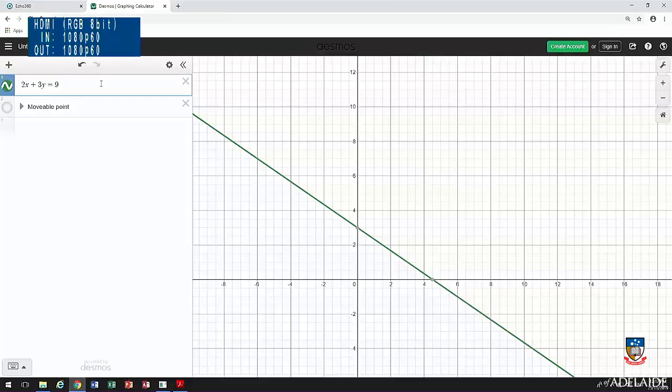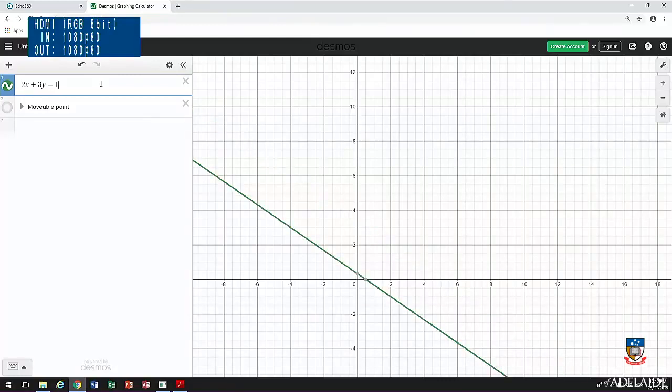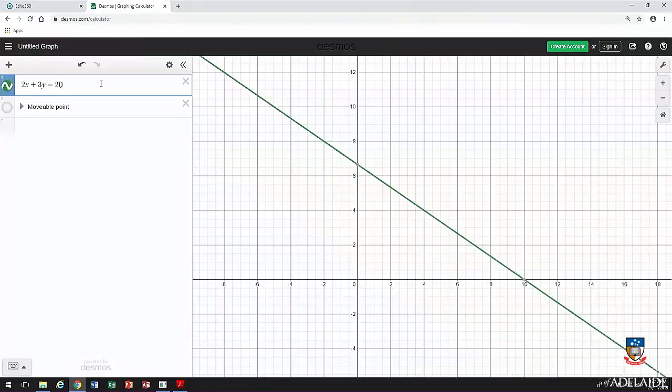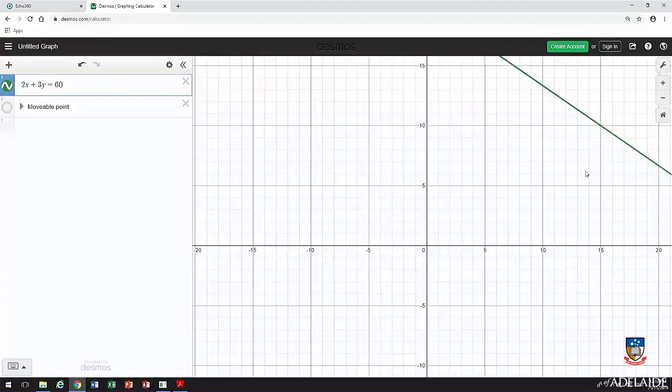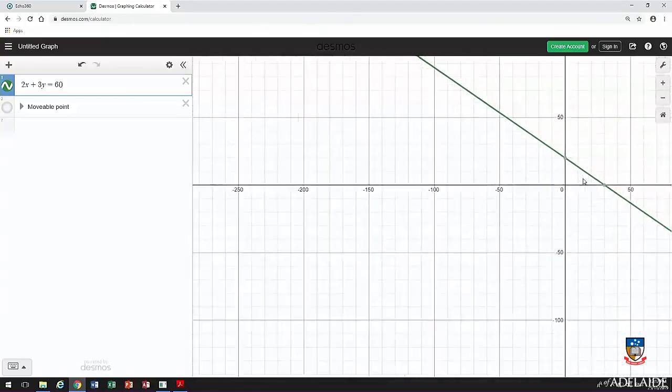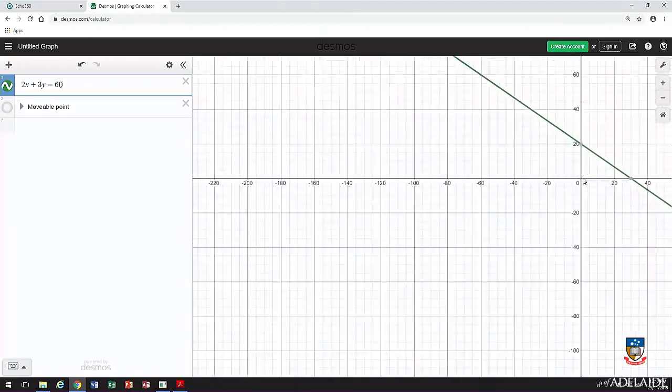If I change this number to, say, 10, then the graph moves a little. Let's change it to 15, 20, 30, 60. I mean, it is still there. It's not just this bit here. Technically, the line goes on forever and ever. Just zooming out and now zoom back in.